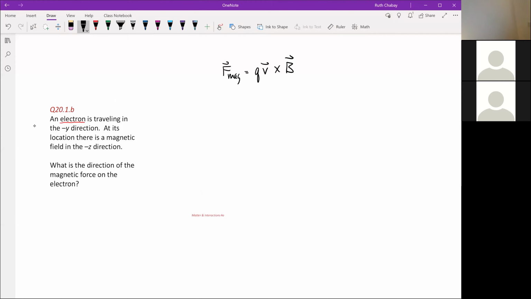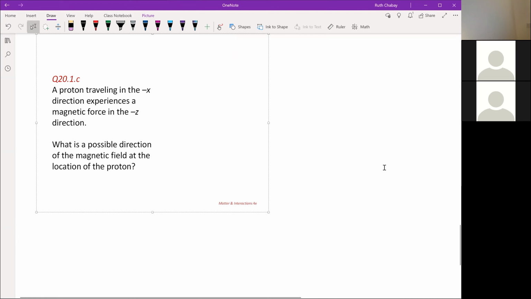And so our thumb sticks out in the plus x direction. So we have V cross B is plus x, but Q is less than 0 because it's an electron. So QV cross B ends up being in the negative x direction.